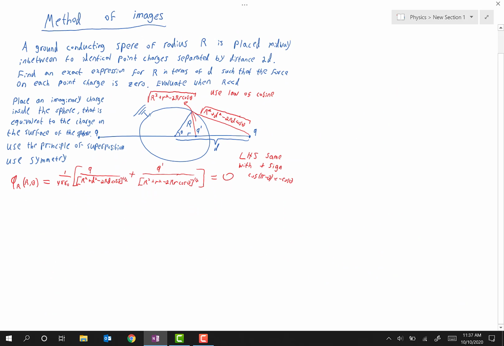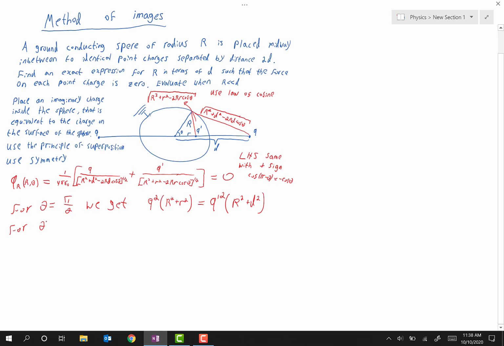Choosing two convenient angles for evaluation, one of them is theta equal pi over 2, we get the terms q squared (capital R squared plus small r squared) equal q prime squared (capital R squared plus d squared).